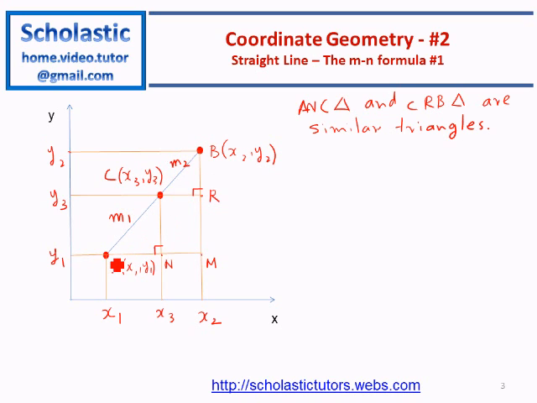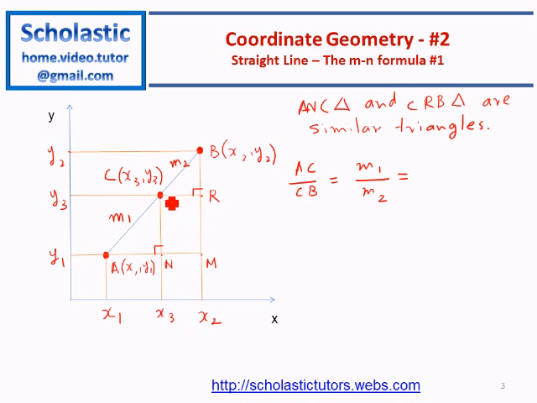Therefore, the ratio between AC and CB is equal to M1 over M2, which is equal to AN over CR, because of the similar triangle property.